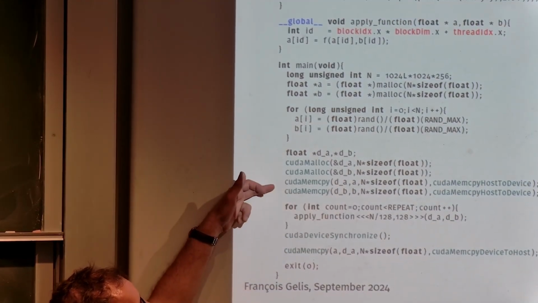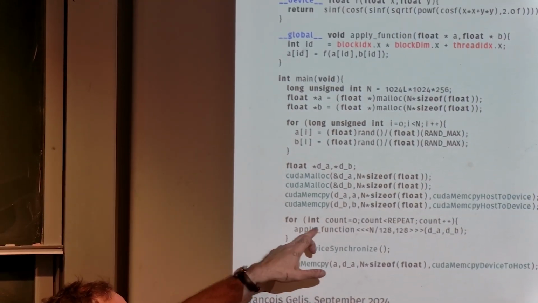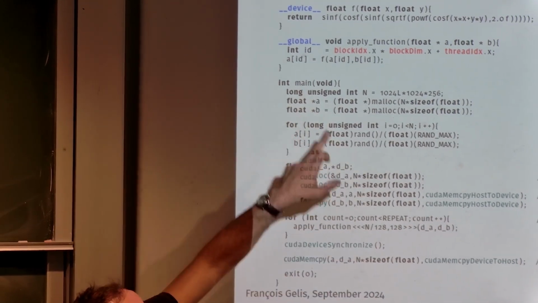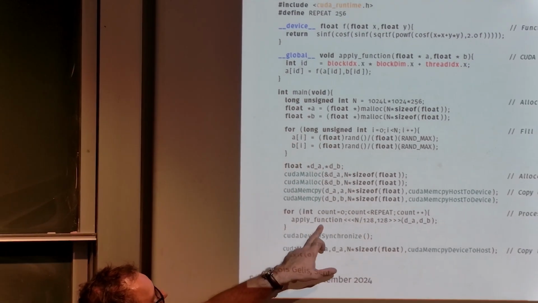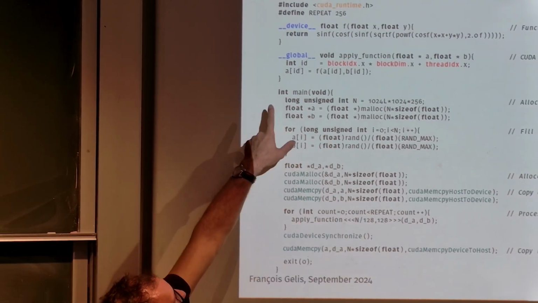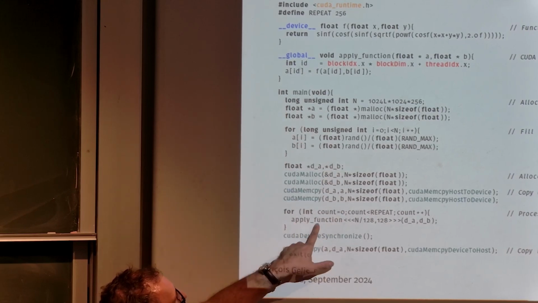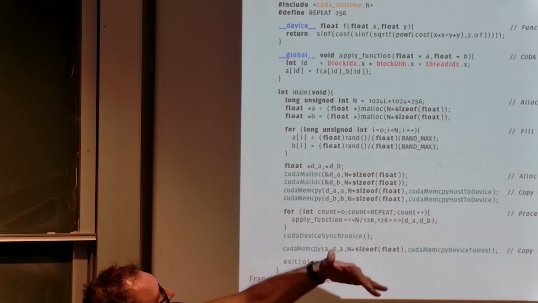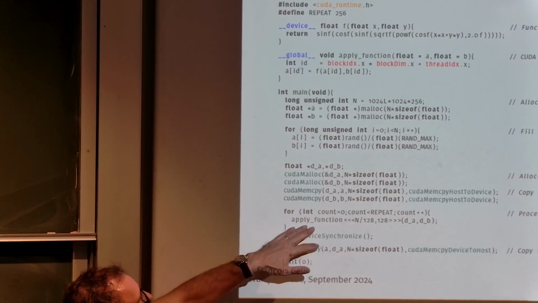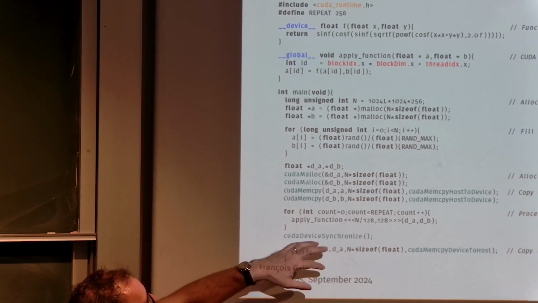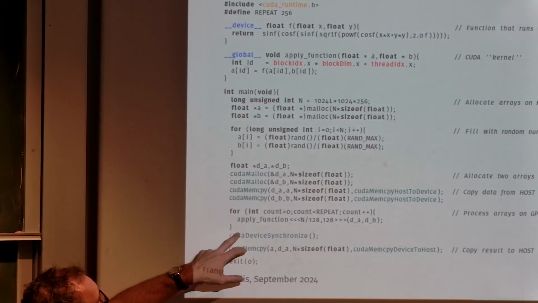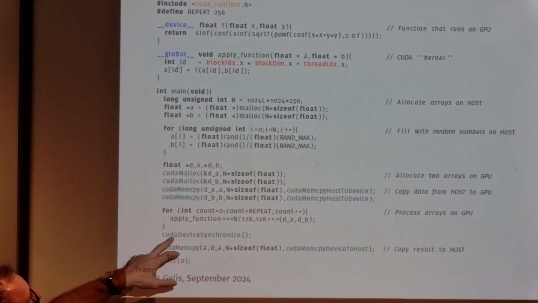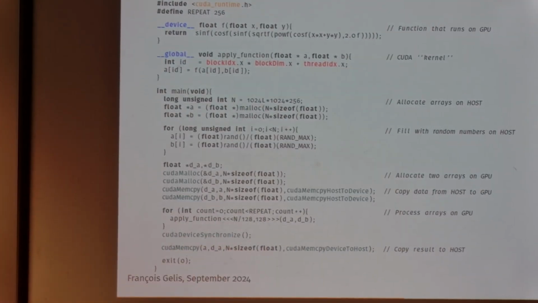on the GPU. And then I will do repeat time, so 256 times. I will call this, which is applying this function. So this is a syntax for applying the function f to all entries in the arrays. And then I think this is unnecessary, but I've put it here to mention the existence of this function.